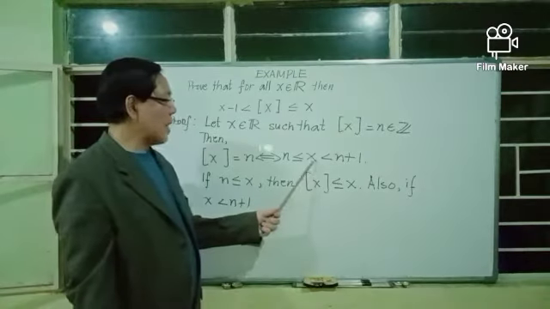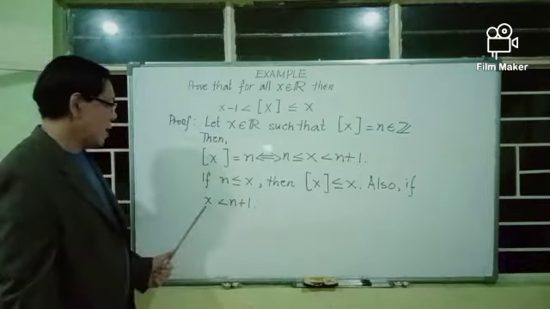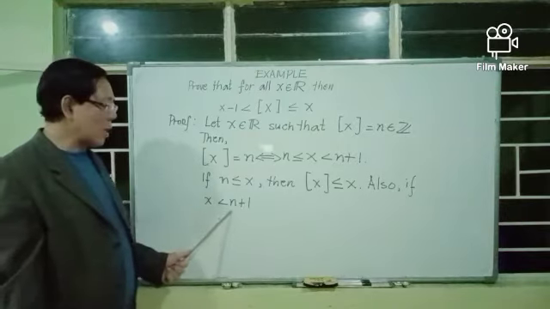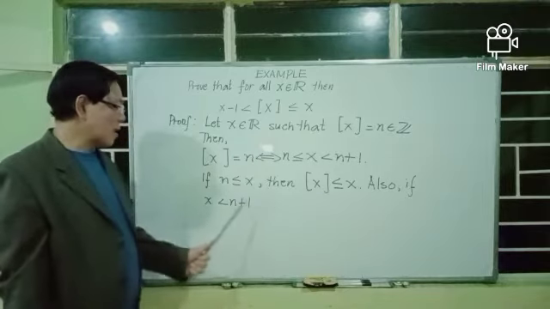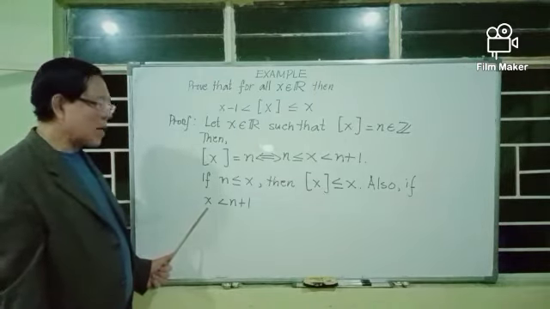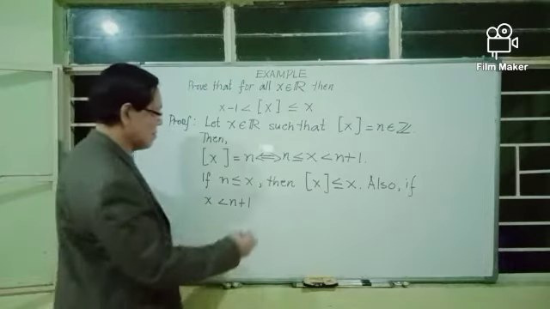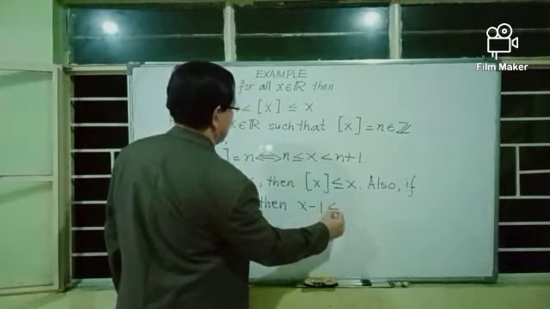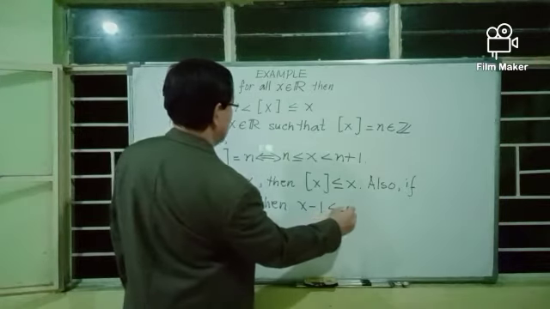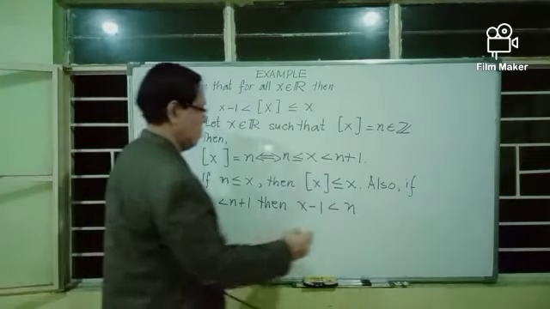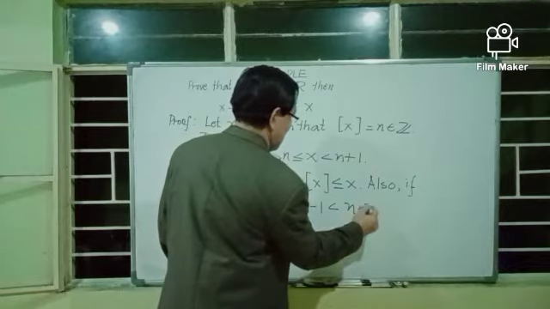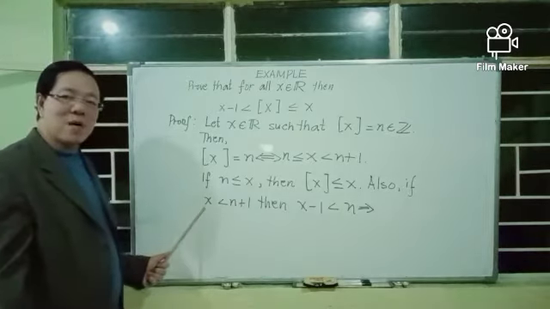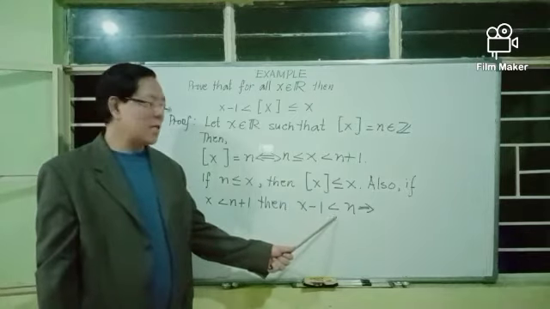We write also, if x is strictly less than n plus 1, we subtract 1 from both sides of this inequality, and we get x minus 1 is strictly less than n.